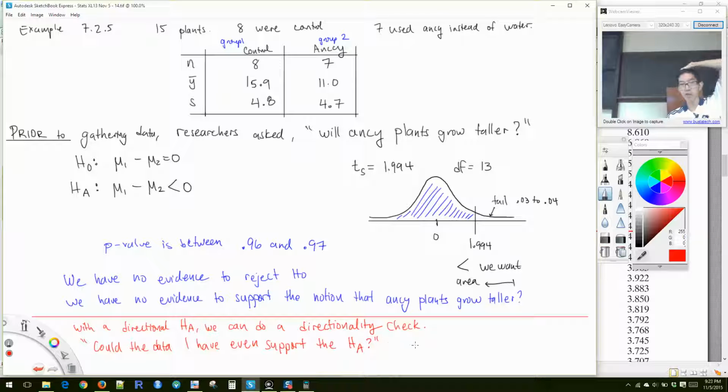If the answer is no, you can stop. You can just say, I will have no evidence to reject the null. If the answer is yes, the data I have could support the alternative, then carry out the test.